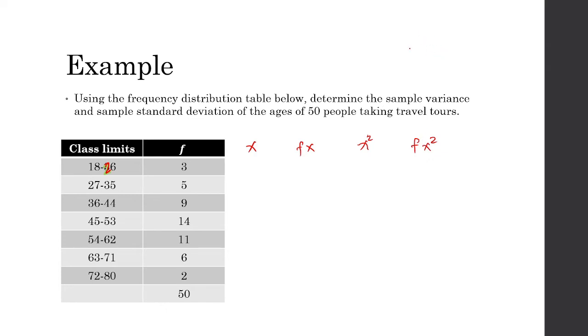So, makukumpleto mo na yung iyong formula wherein the variance for group is just the summation of fx squares minus the square of the summation of fx over n minus 1. And for the standard deviation, you just need to get the square root of your variance. Okay? So in that, let's try to compute.